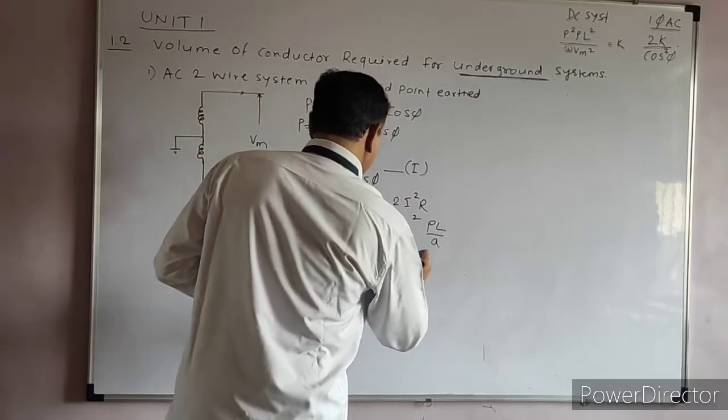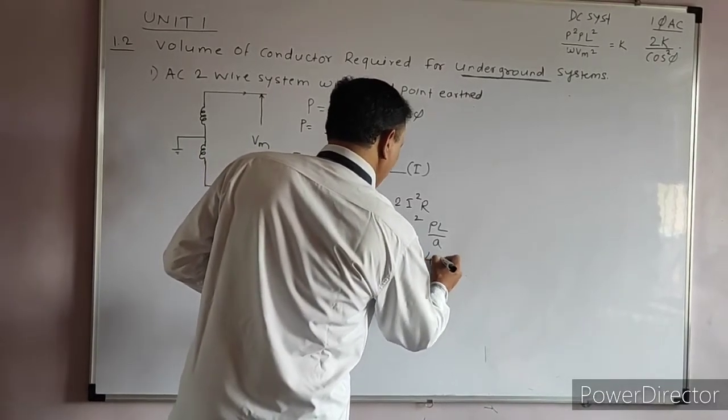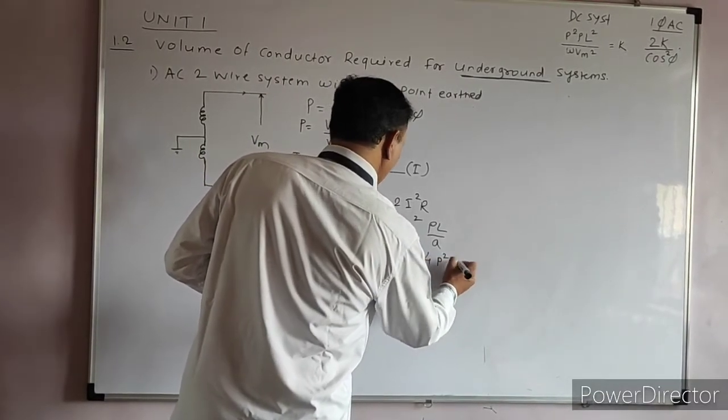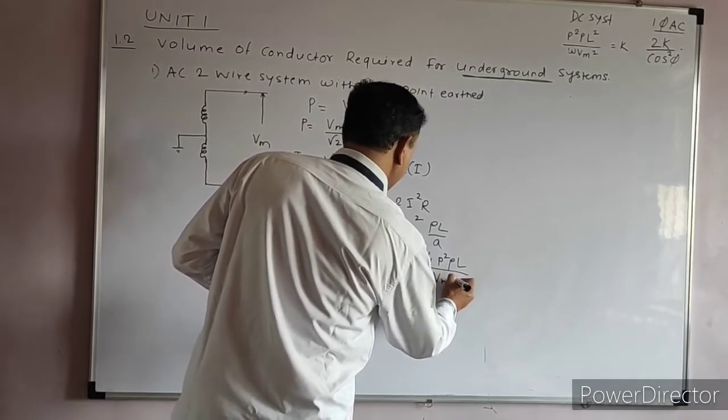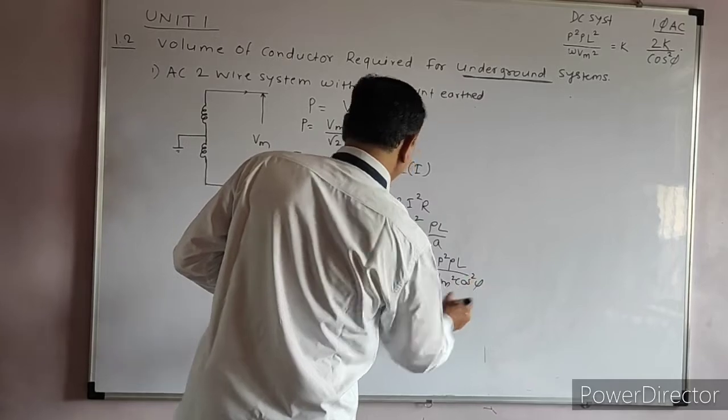So what you get is 4 P² ρL upon Vm² cos² φ.